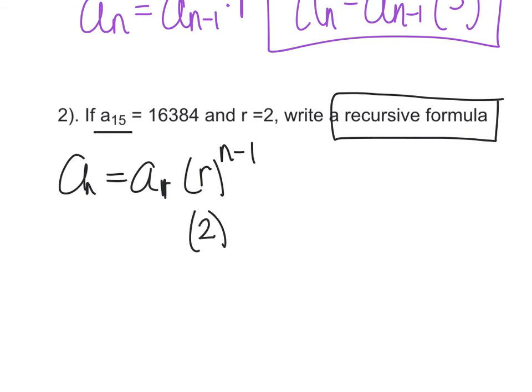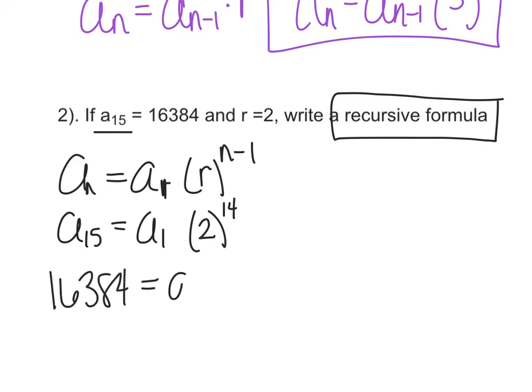And if I plug in 15, a sub 15, I get a sub 1, and 15 minus 1 is 14. So I really have 16,384 equals a sub 1, and 2 to the 14th, I'm getting 16,384.